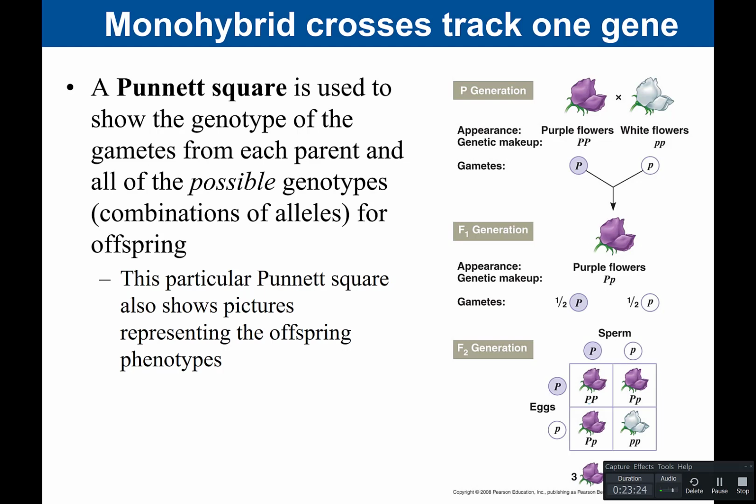Females are always going to give their kids an X chromosome. The males are XY. So there's a 50% chance that he gives the X, and there's a 50% chance that he gives the Y. And so depending on which one fertilizes the egg, that's going to be the sex of the child.